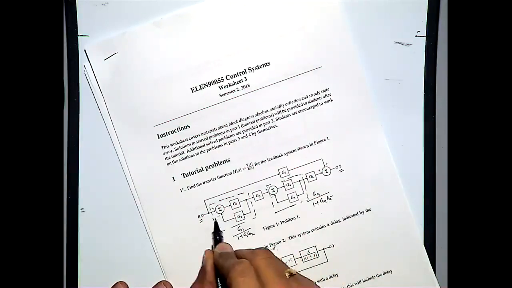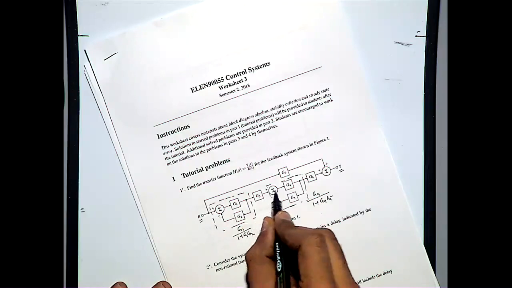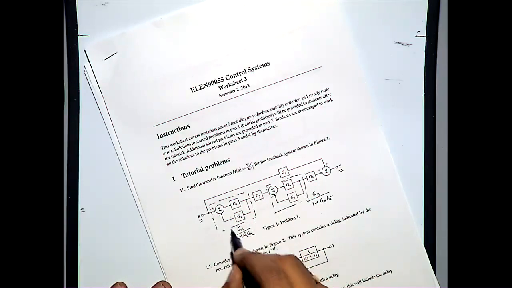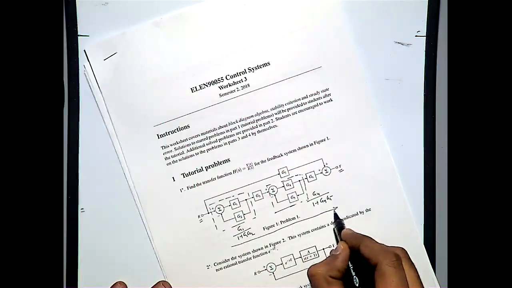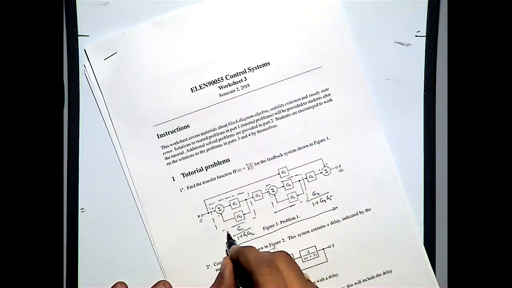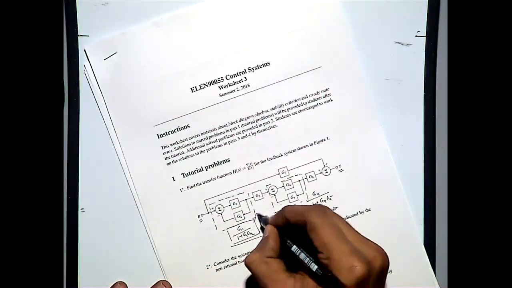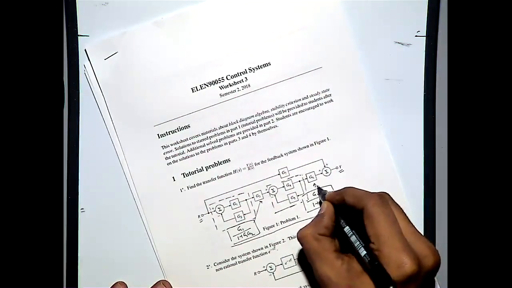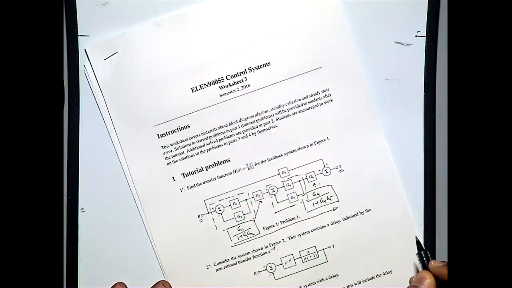So if you flow in this direction, then the equivalent along this line, which I call this way, will be a multiplication of this one, this one, this one, and finally this one, right?